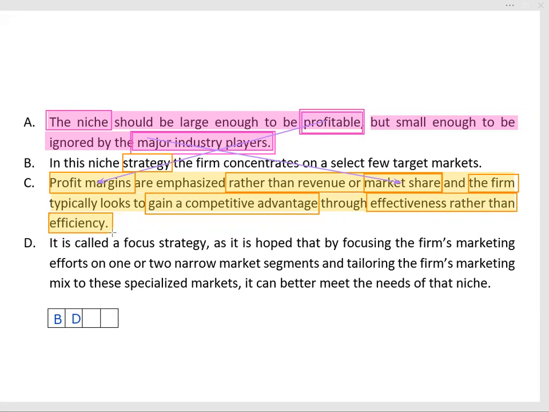Now, if we look at this carefully, effectiveness versus efficiency is a concept that does not directly connect with the niche. What is the connection? We can be sure that since this is mentioned here, it has some sort of connection, but that connection is technical.